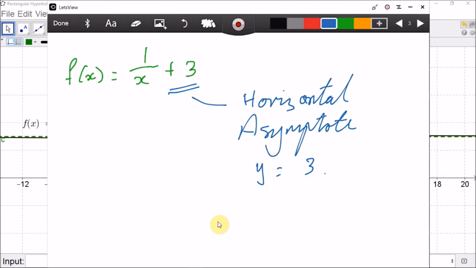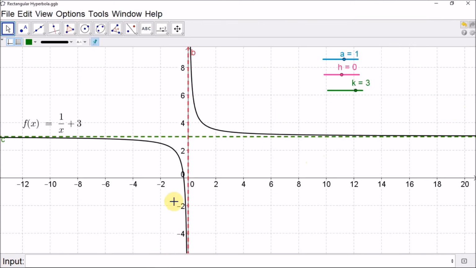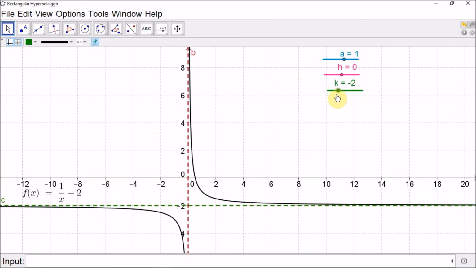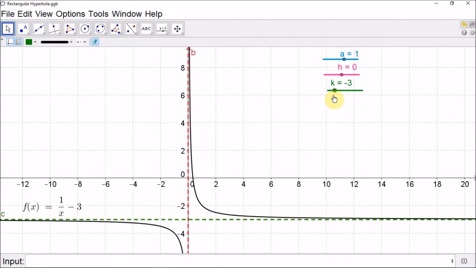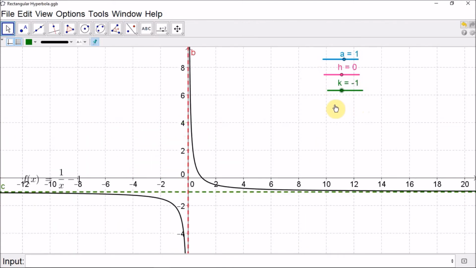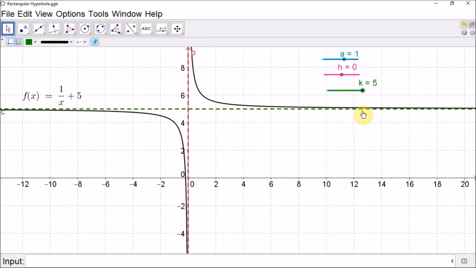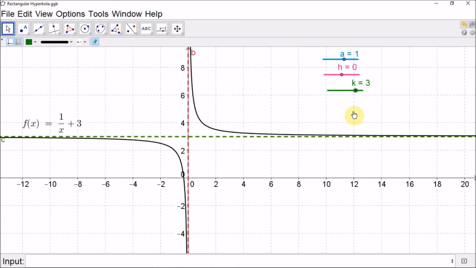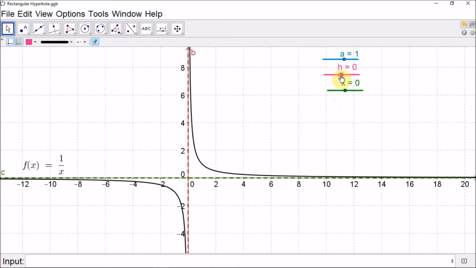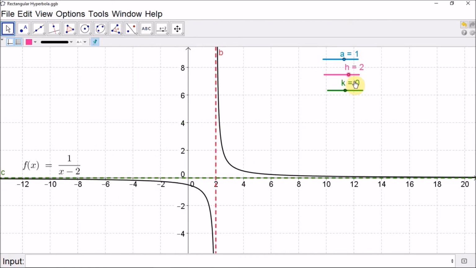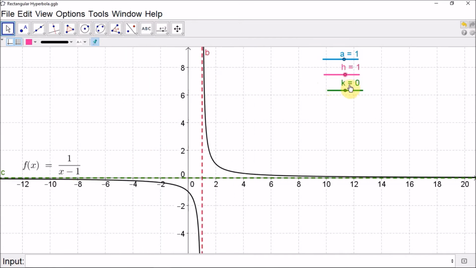Now, something else I didn't mention, but I should have, which relates to these asymptotes. With this one, if I move this, it's moving up and down. Moving up and down is called translating, and it's translating in the y direction. If I move this one, it's going left and right, and again this is translating.